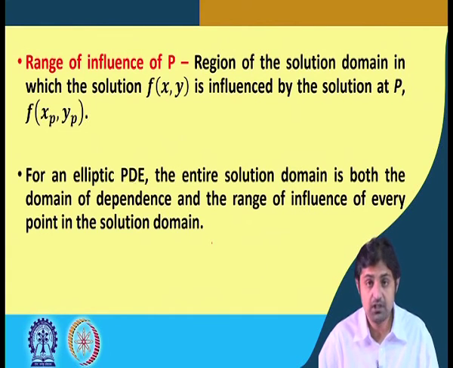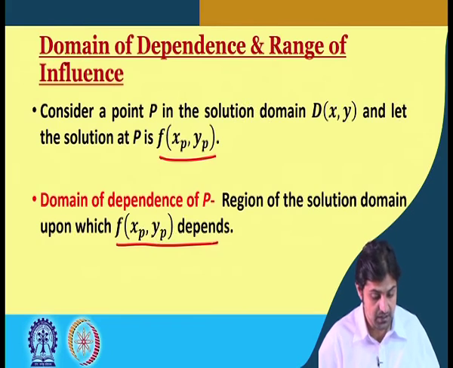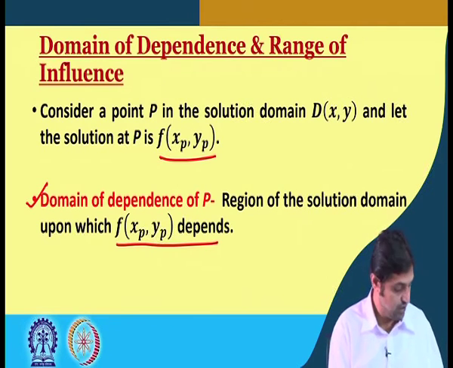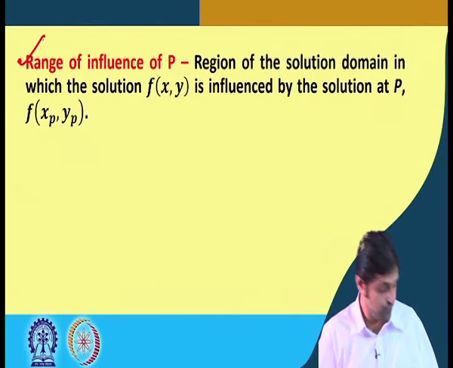So, for an elliptical partial differential equation, the entire solution domain is both the domain of dependence and range of influence of every point in the solution domain. So, there are two things: domain of dependence of P, and secondly the range of influence of P, which we have defined.